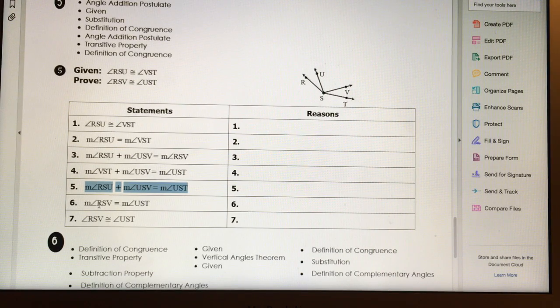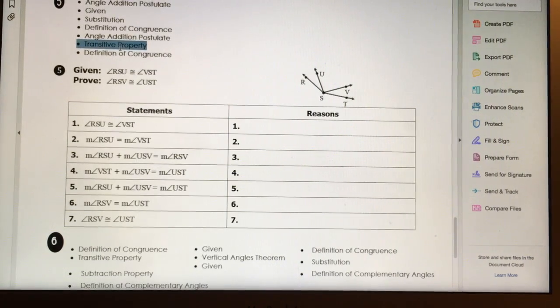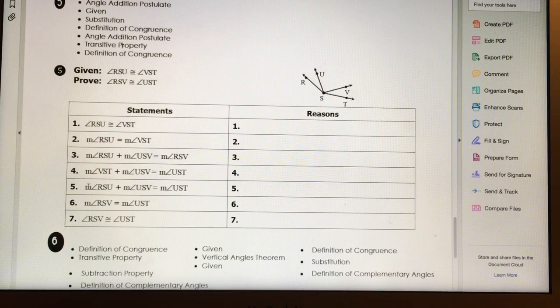And then number 6. So what happened here? RSV equals the measure angle UST. So we still have UST right here. We still have UST right here. What property possibly could it be? Well, we've got transitive property left. Could be that. Let's see where that came from. Oh look, RSU plus USV equals UST.